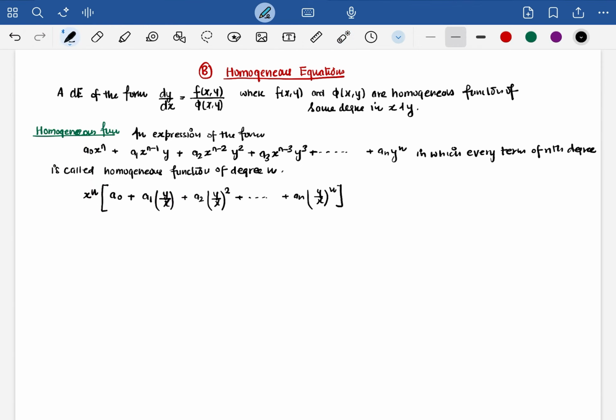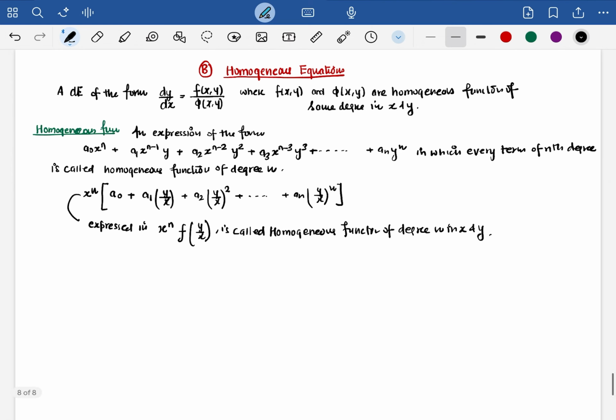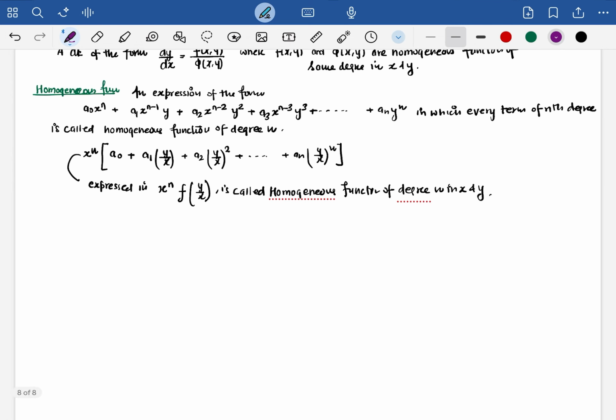The benefit is that it is expressed as x^n times a function of y/x. So a function of y/x, multiplied by x^n, is also called a homogeneous function of degree n in x and y. Now we have identified how to look for a homogeneous function.